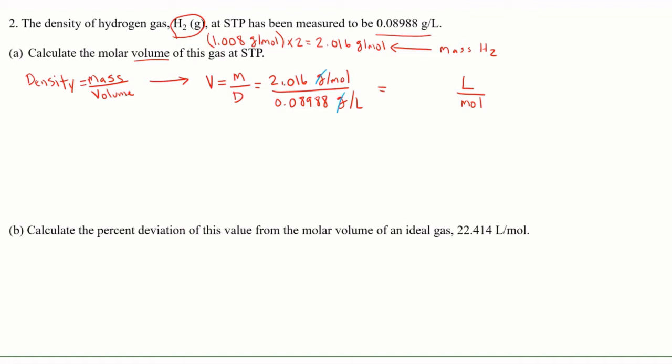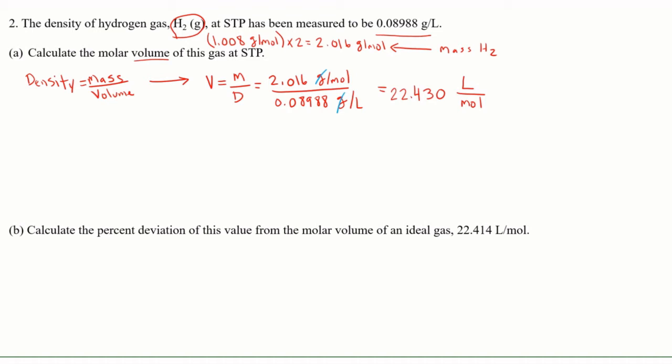I am limited to 4 significant figures because the numerator is 4 sig figs and the denominator is 4 sig figs, but I'm going to cheat a little bit and add an extra significant figure, keeping 5, because the second part of the question is asking me to compare it to the molar volume of an ideal gas, which is actually a 5 sig fig number. So here I'm going to round this up to 22.430. So this is the first method that we could use.